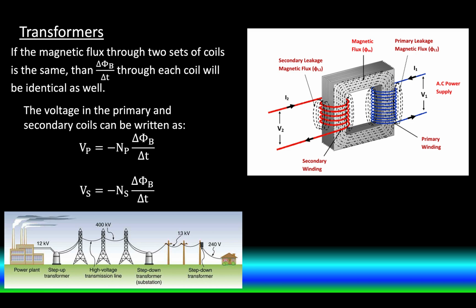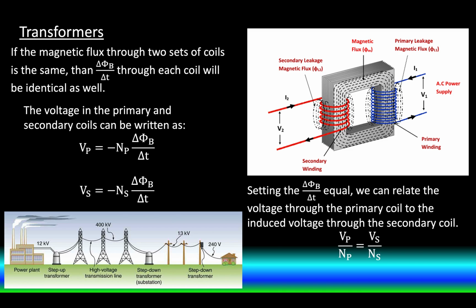Because the rate of change of magnetic flux with respect to time is the same for both solenoids, since the magnetic field lines are directed to pass through both solenoids, we could relate the primary voltage to the secondary voltage through this equation. Looking at this equation, we could see that it is possible to increase or decrease the voltage depending on what we are trying to accomplish.